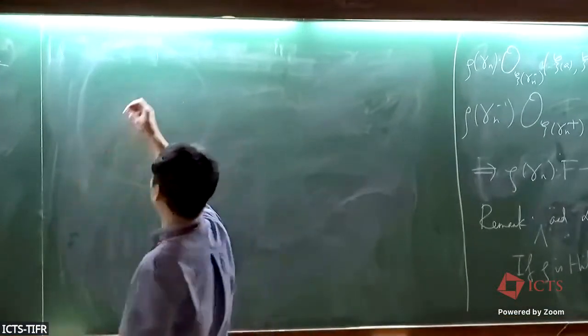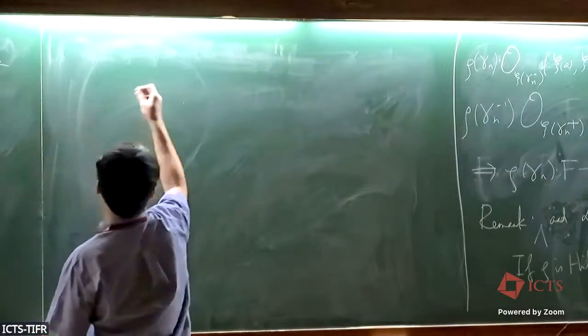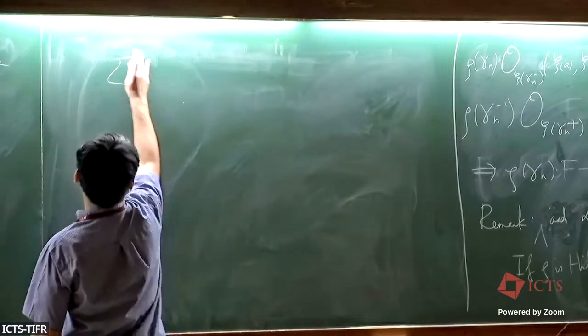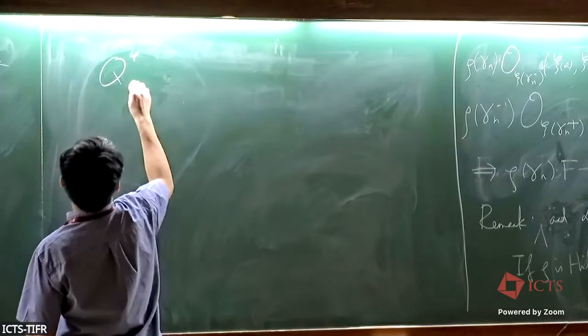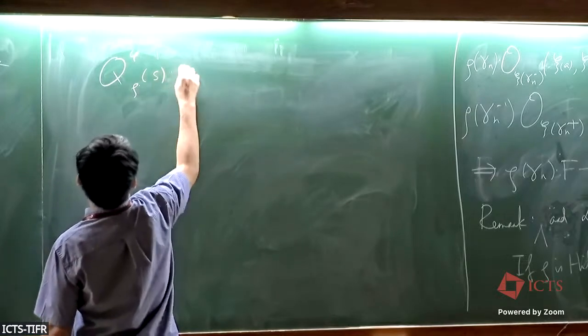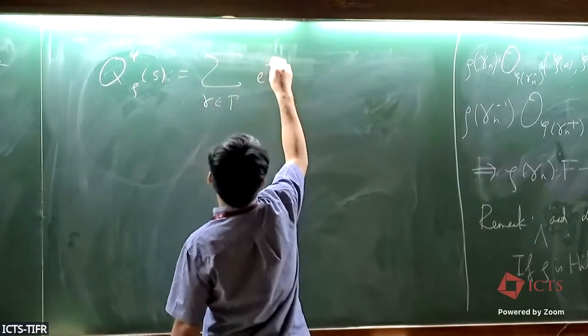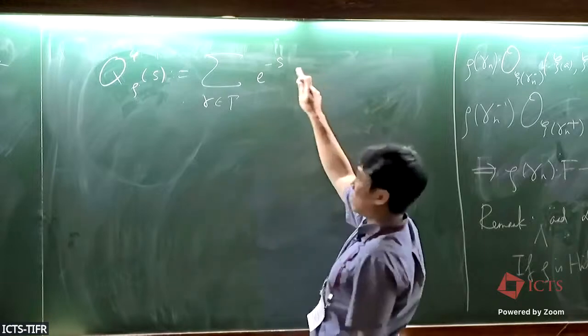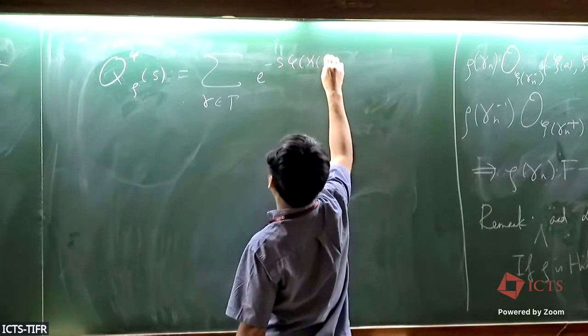Let me just say that you pick a phi, you take the same phi as you have, and then you look at the Poincare series, this Q phi rho of s. This is defined to be the sum over all the elements in your group of e to the minus s. So instead of writing the distance of how far you translate the base point, you put phi of kappa of rho of gamma here.